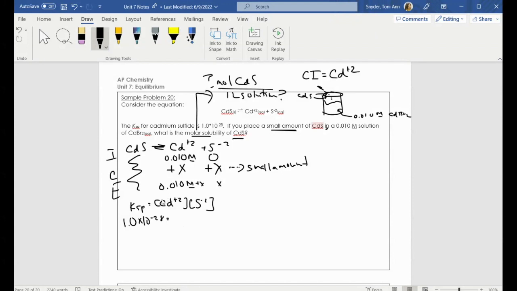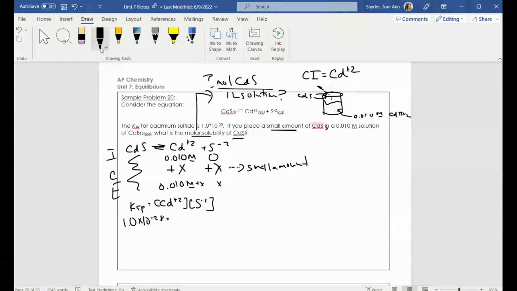Now here's a very good thing. Because my value for K is so small, and this is true for any time you do a problem like this, the concentration that this is changing is really not affected, right? So if we were to actually determine the value for X by leaving this in, you're going to get some number, but that number is going to be so small with significant figures, it's not even going to change this, right?